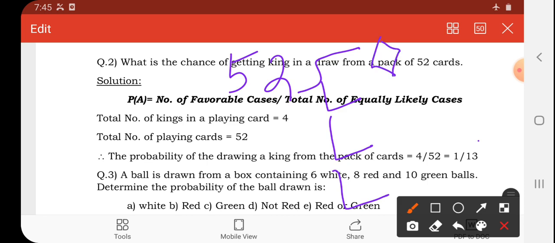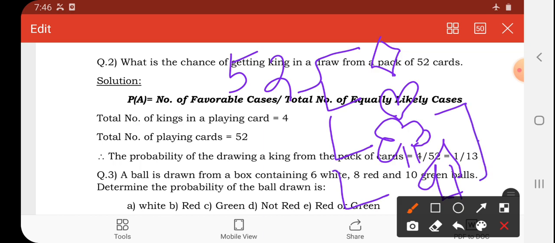Diamond, 1 set. Then heart. Then flower. Then spade. These 4 sets are there. These 2 are black in color. These 2 are red in color.